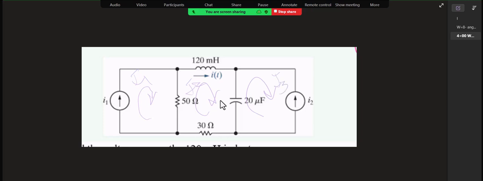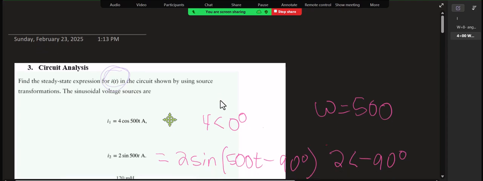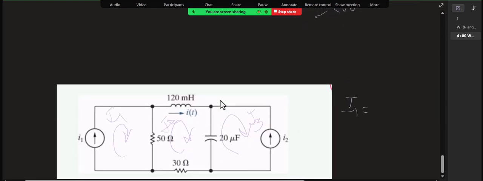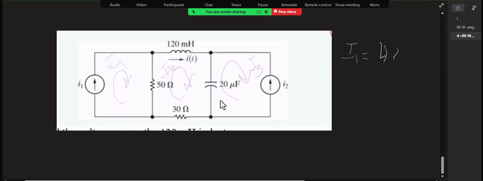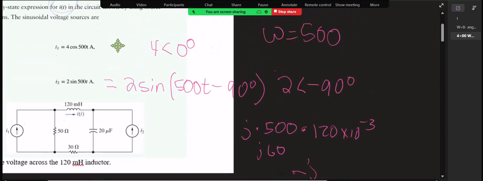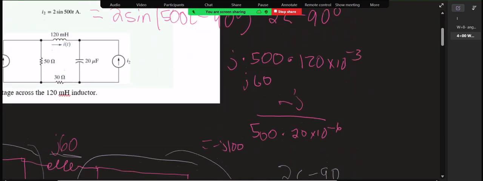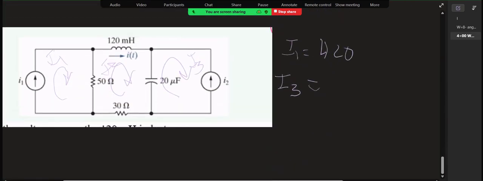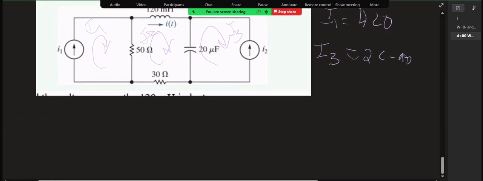I1 is 4 angle 0. I3 is I2, which was 2 angle negative 90. Okay, so we'll just keep that in mind.